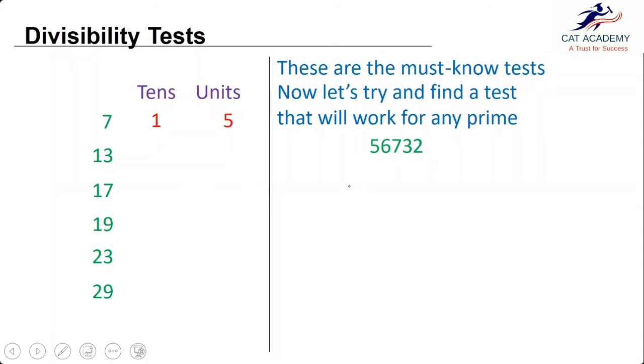Okay. 56732. What I am supposed to do if I have to check the divisibility by 7, I'll first separate out the last digit and then multiply it by 5. Like this. See, last digit separated and then multiplied by 5, and then added back to the original. So what do I get?